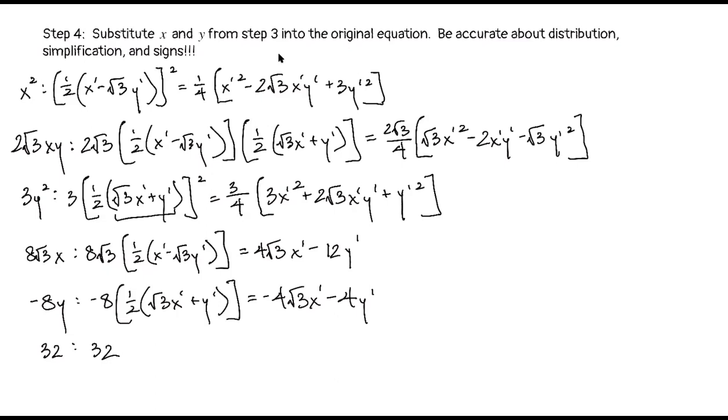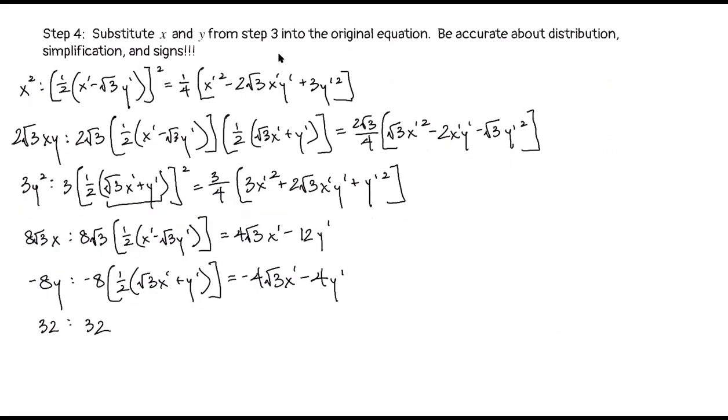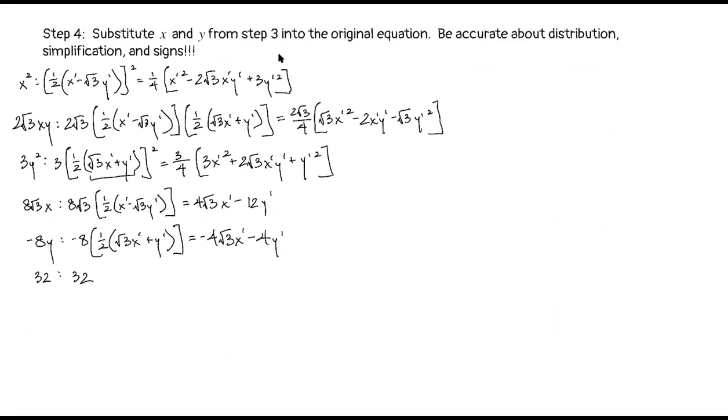So what I'm going to do now is this. If we take all of this that we have, okay, and earlier I said I'm going to leave the 1/4 out in the front. And the reason why I wanted to do that is because now I'm going to multiply the entire equation by 4.